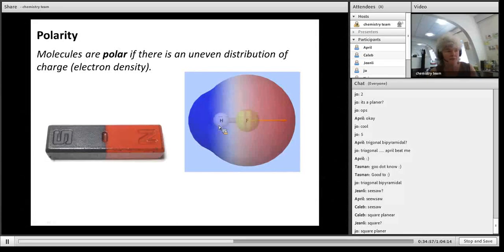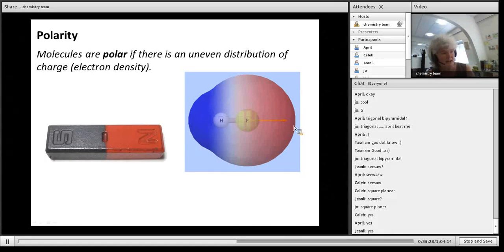And because there's an uneven distribution, it's going to affect the properties of the molecule, because one end will be more negative and the other one will be more positive, so it'll attract things more or less strongly depending on how that distribution of electrons is around the molecule. So that's where the word polar comes from. Just think of it like a pole, and can you see this yellow arrow over here?